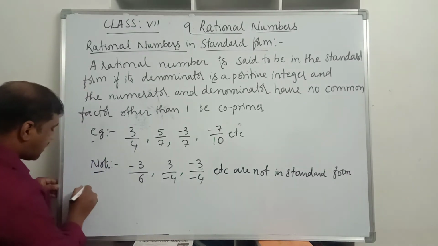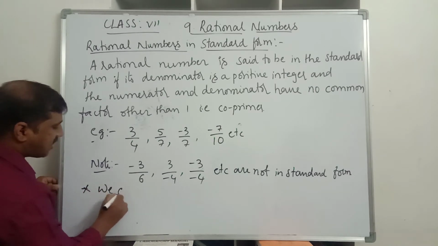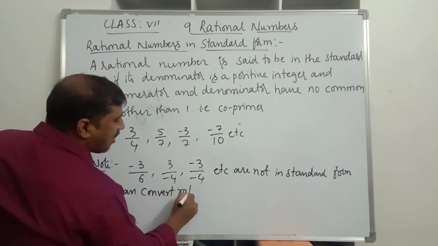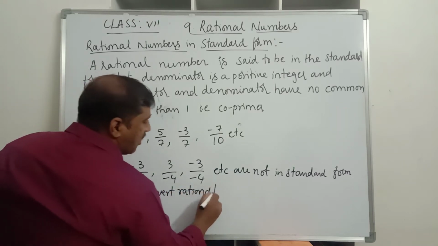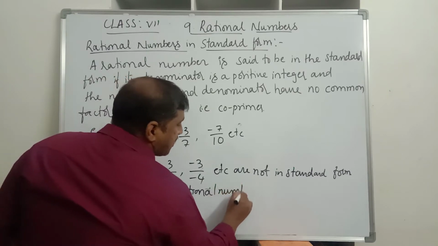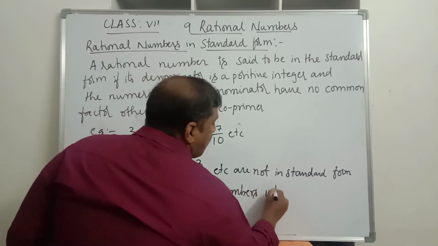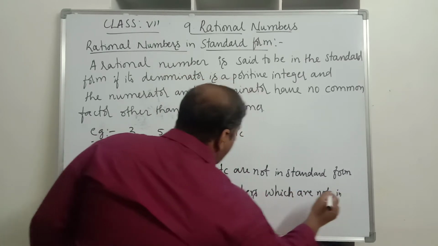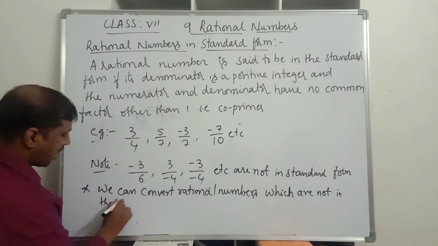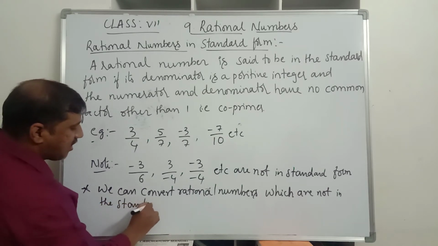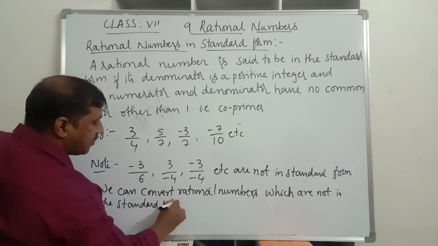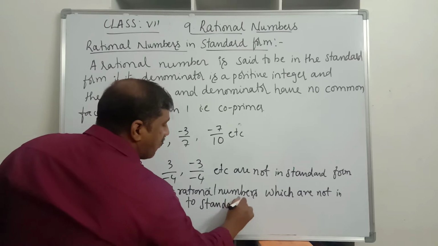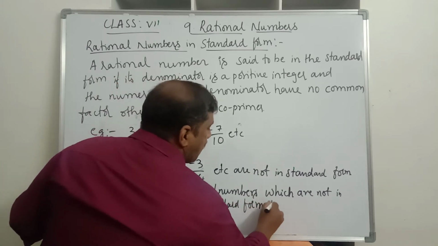We can convert rational numbers which are not in the standard form to the standard form by two methods.